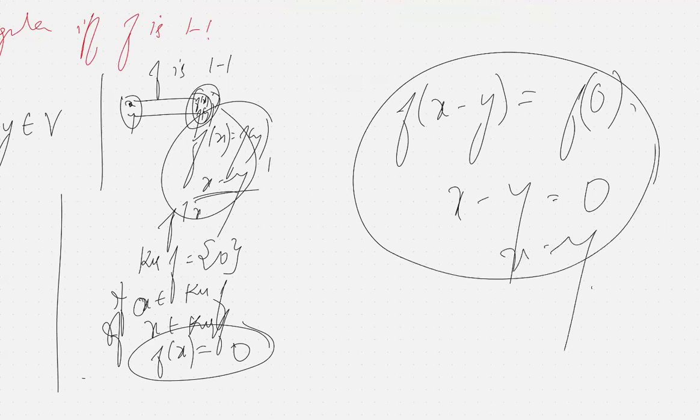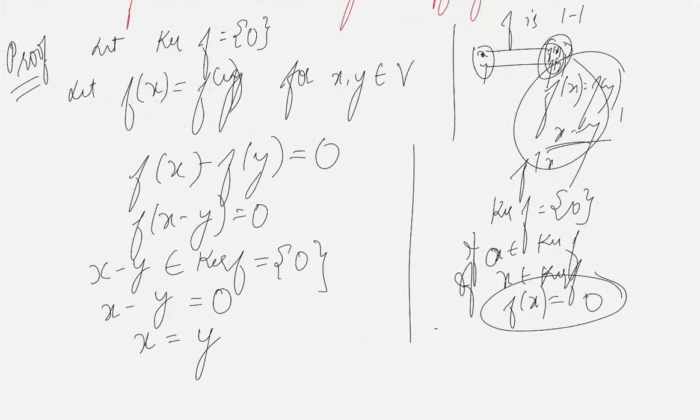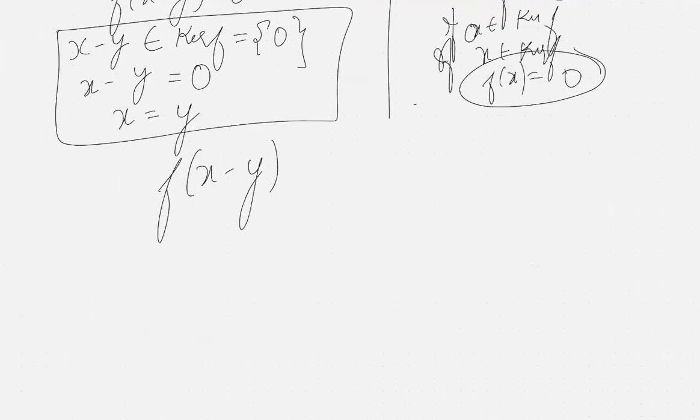When we were solving this, I made you solve it the opposite way, backwards. Just for example, if we reach the step that f of x minus y is equal to 0, we know that for a linear transformation 0 is equal to f of 0.